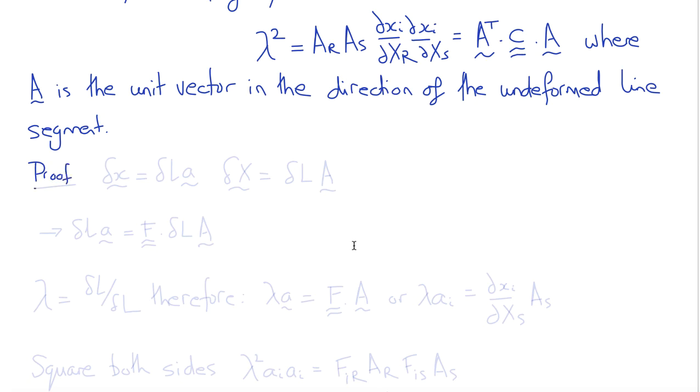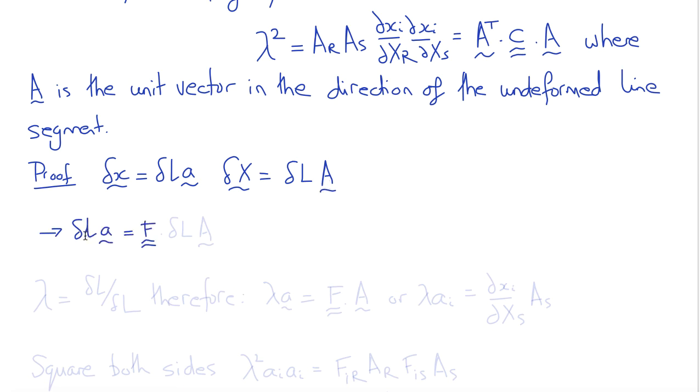Okay, so to prove this, let's first define delta x in the deformed state, which would therefore be delta little l, which is the magnitude of that element, times little a, which is the unit vector, and then delta big X to be delta big L times capital A. Little a and capital A could be different because the segment could have rotated.